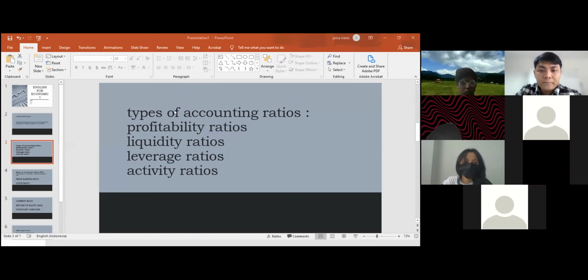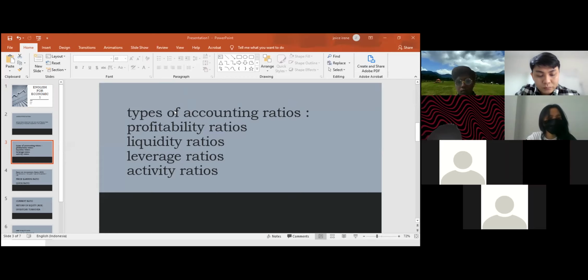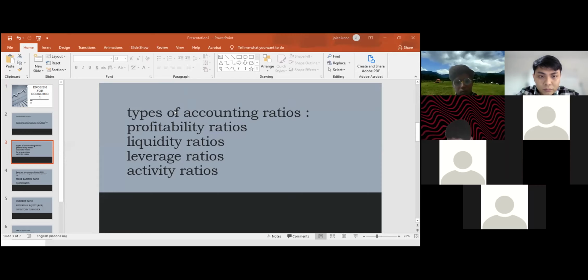Okay, so there are types of accounting ratios that we learned from the video. The first is profitability ratios. These ratios measure the operating efficiency of the firm and its ability to create returns for its shareholders. The second is liquidity ratios.